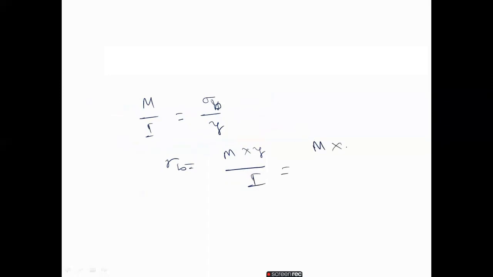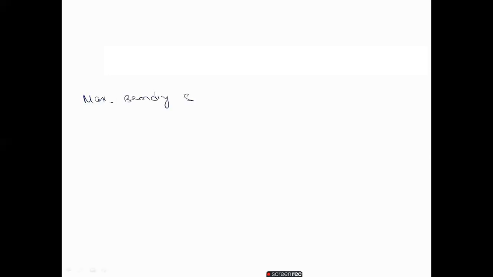Here M is the same as before, y equals yc, and I is A k square. Here yc is the distance of the extreme layer in compression from the neutral axis. We know I equals A k square, small k is the radius of gyration, and the moment equals M max. So the maximum bending stress is M max into yc by A k square.